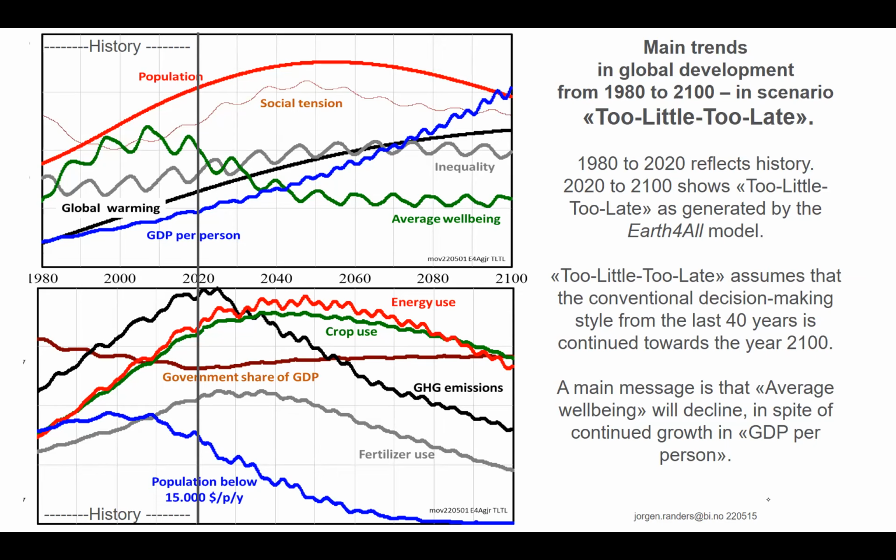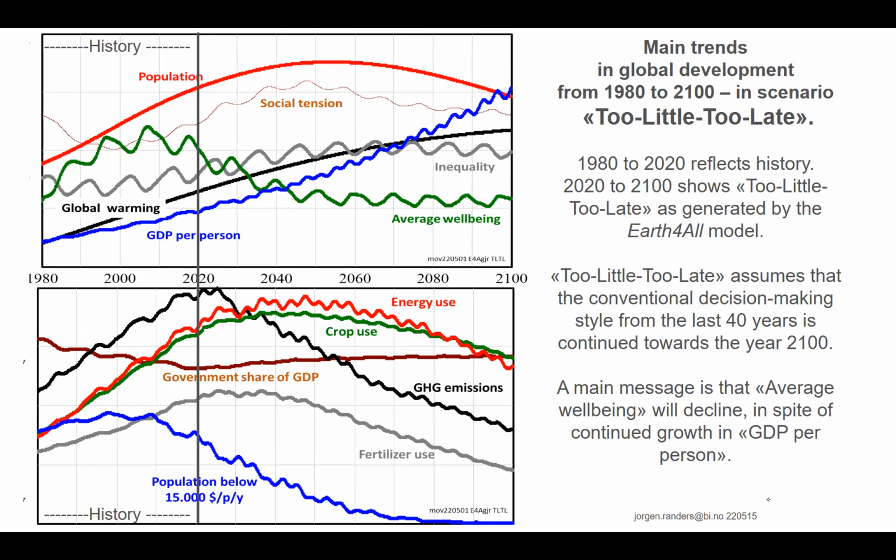Europe is at 50,000, the United States at 60,000, Norway even beyond this, and then India and Africa south of Sahara are down at $2,000 to $4,000 per person.